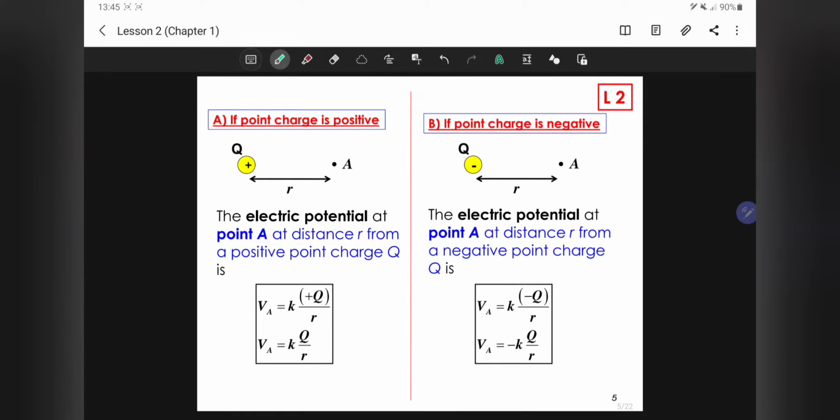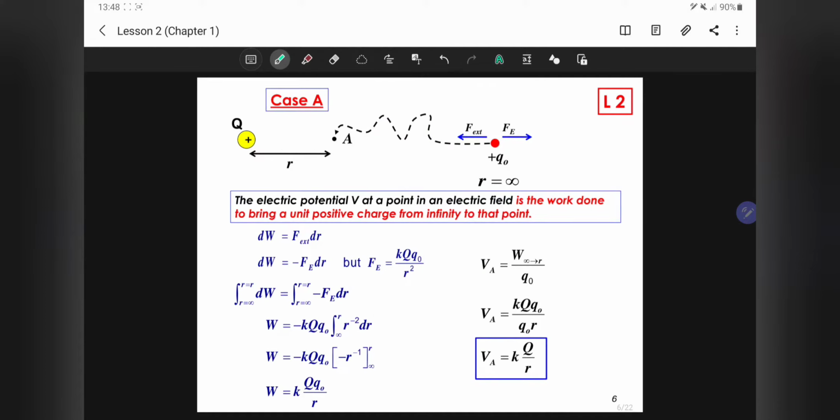Okay, so how to prove that the equation is correct? For the first case, the potential is positive, and for the second case given here, the potential is negative. So how to prove this? Let me show you. Now let's start with the first case. We need to move a positive test charge from infinity to a point where the distance between this point and the isolated charge is r.